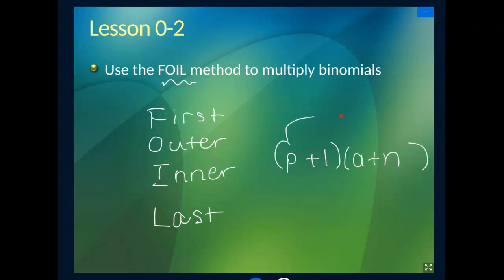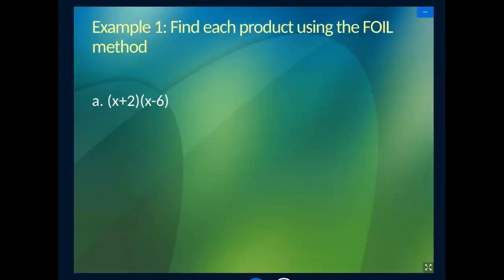So it's first, outer, inner, last. So when we look at an example like letter A, the first thing we're going to do is multiply x times x.